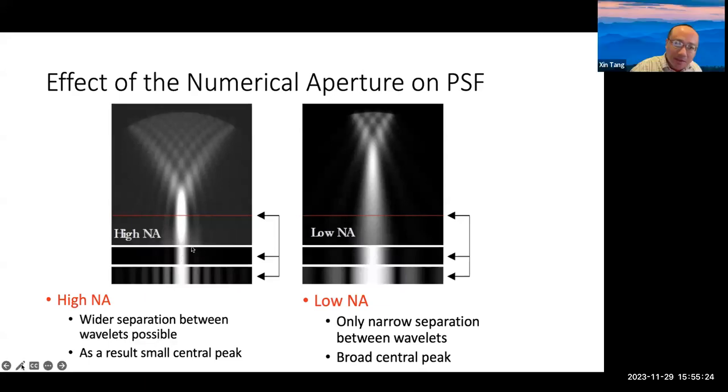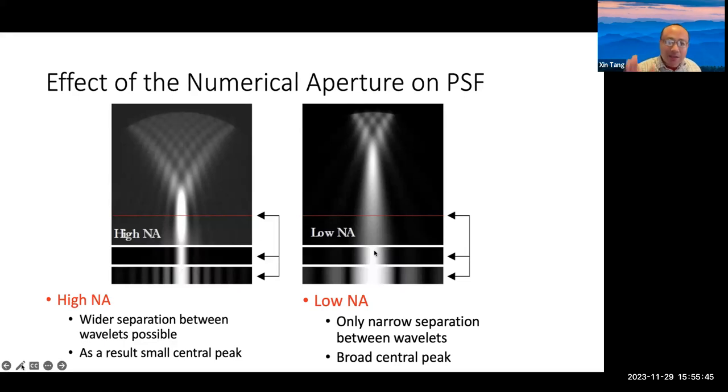You want this pattern to be narrower because this is the image of one particle. What if I have another particle very close to it in the sample plane, but once they are imaged onto the imaging plane, the patterns are very broad?